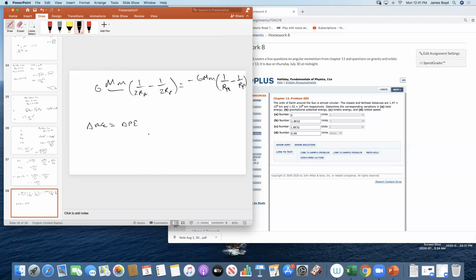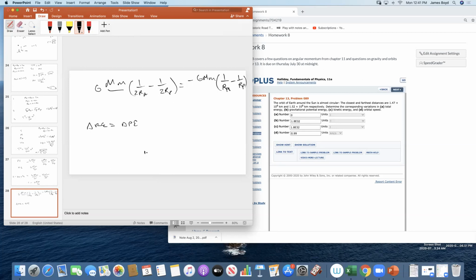But what I'm going to tell you is this is messy. Really, the change in energy is 0. You know that from conservation of energy. It gets messy because these RAs and RPs don't cancel.